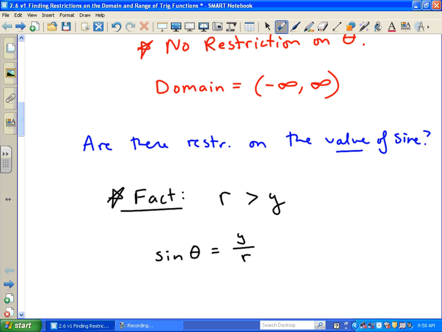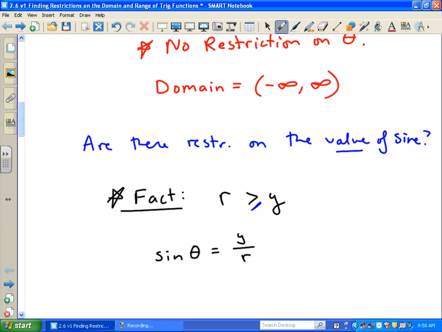If the larger number is always on the bottom, then you would have a fractional value of a smaller number over a larger number. That being the case, this number is going to be less than 1. However, in the Pythagorean theorem you could actually have r equaling y, so r can be greater than or equal to y.